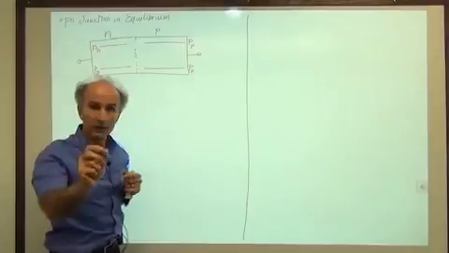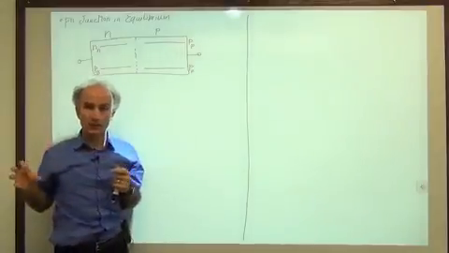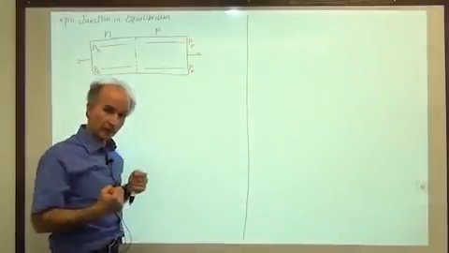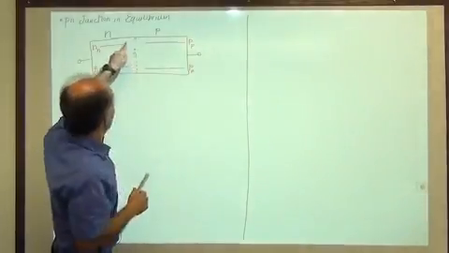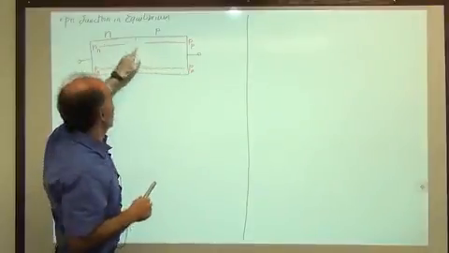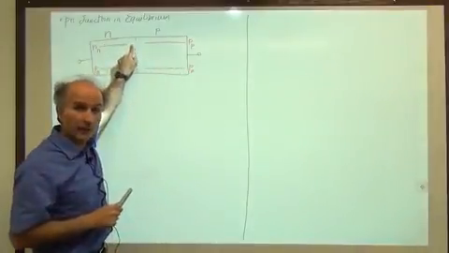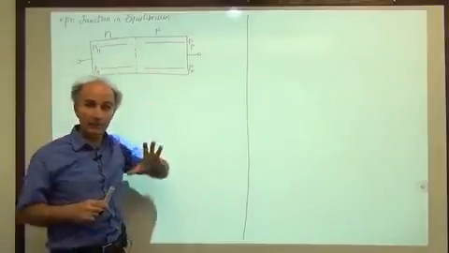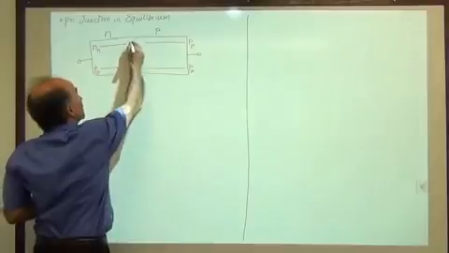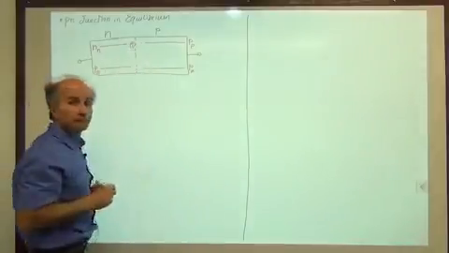If I take one electron out of a piece of material, what happens? A positive ion is left behind. So for every electron that departs this section and goes to this section, we end up with a positive ion. A positive ion is an atom that has lost one electron. So here is a positive ion.